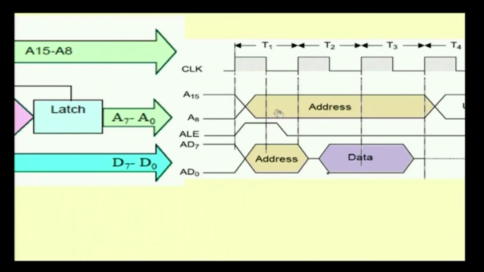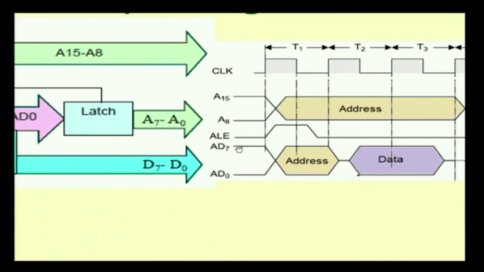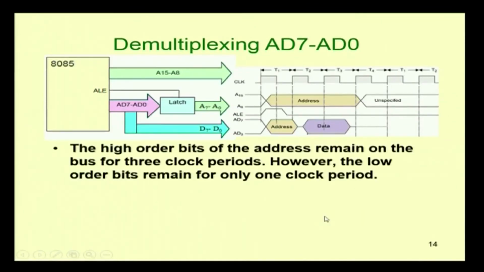And then data will come through these lines, and it may go to the RAM, ROM or any IO unit. So that is the working of this demultiplexer.